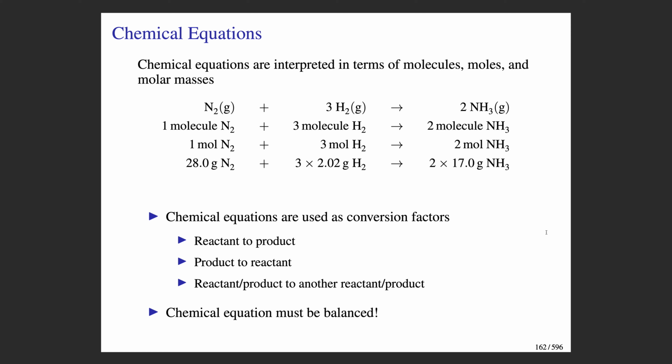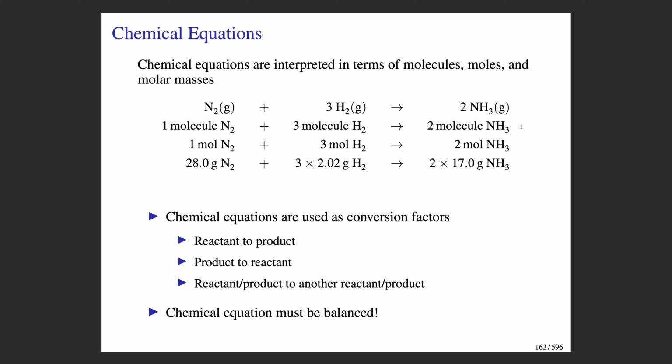We can interpret chemical equations in different ways. So here I have another chemical equation. So we have nitrogen reacting with hydrogen to form ammonia gas. We can interpret this at the molecular level, where one molecule of N2 reacts with 3 molecules of H2 to produce 2 molecules of ammonia.